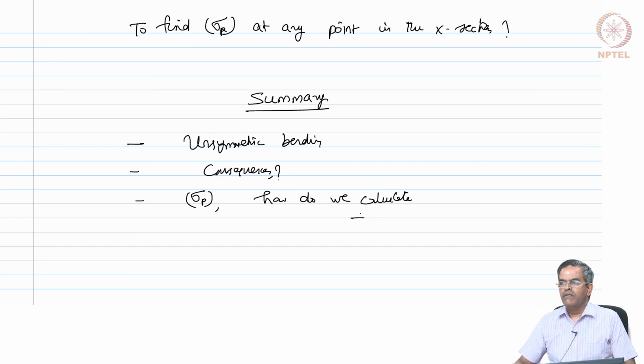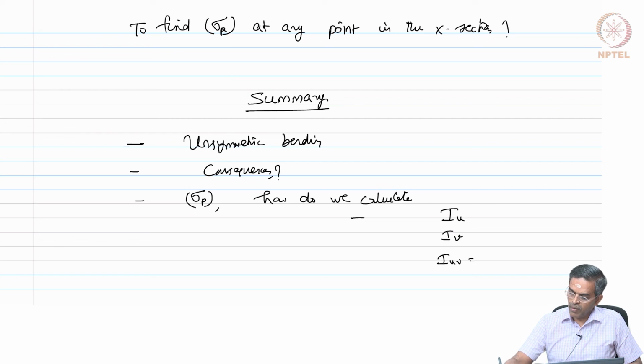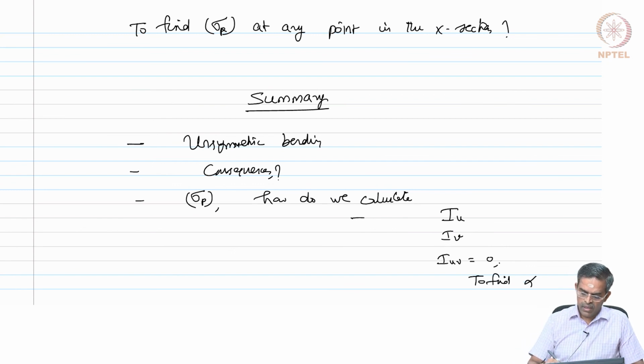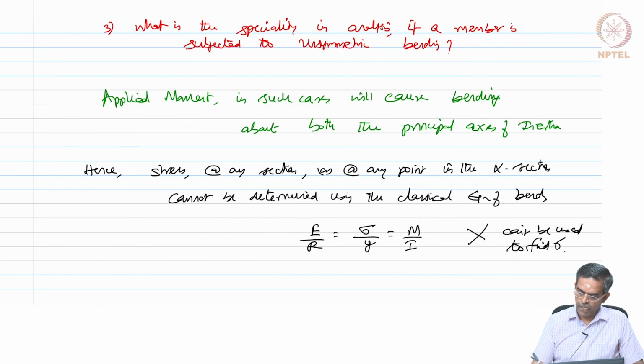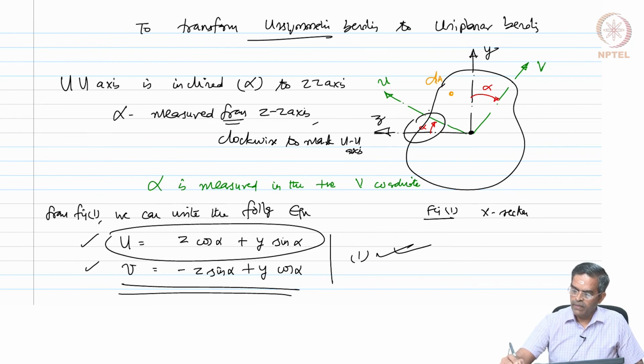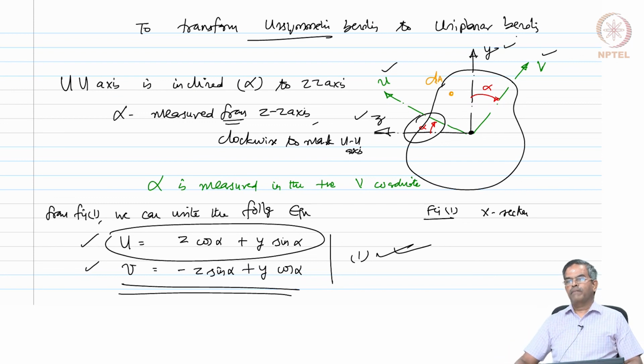To do that, we need to find the principal moments of inertia, and we equated the product to 0, being principal axes, to find the inclination alpha. Remember, alpha is the angle of the UU axis with the ZZ axis, measured from positive Z to positive U, or positive Y to positive V, in a specific manner.